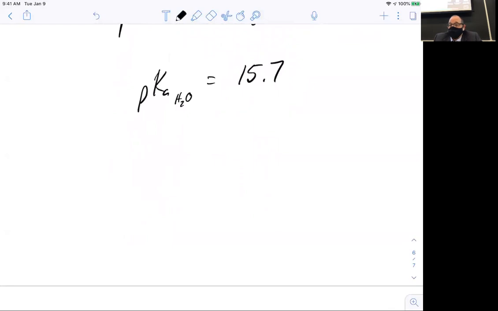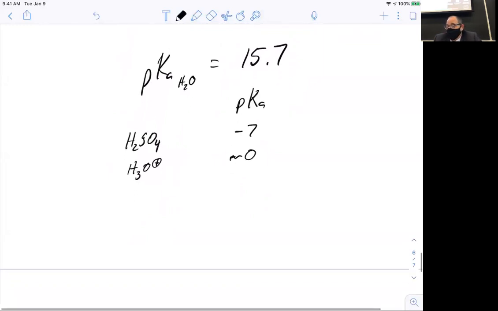Then if we look at functional groups, we can think about something like H2SO4. That's -7, so the pKa is really low. If we look at H3O plus, now we're talking about 0 pKa, and again, we're talking about negative log here.